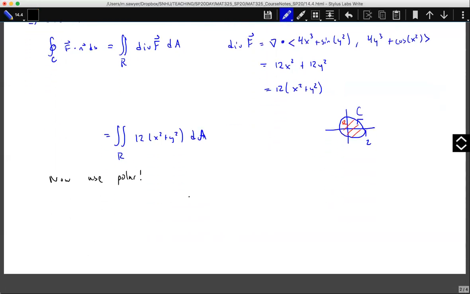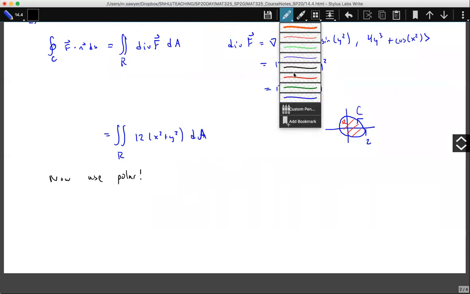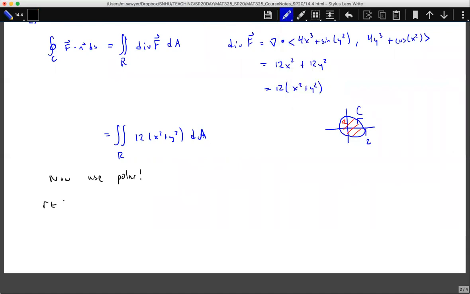So using polar coordinates, we have r is an element of 0 to 2. We're describing the entire circle, so theta is an element from 0 to 2 pi.